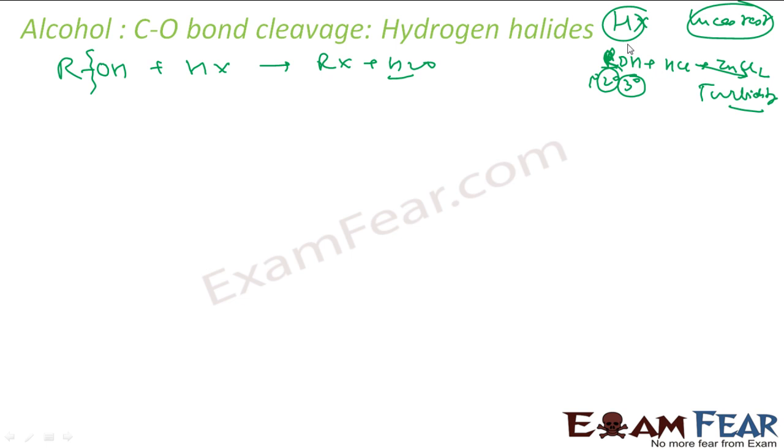Here carbocation is formed and it can be either SN1 or SN2 reaction, depending on whether it is 2 degree, 1 degree or 3 degree. Since it is SN1 or SN2, carbocation formation is there, correct? So if you want, I can write the mechanism for this.